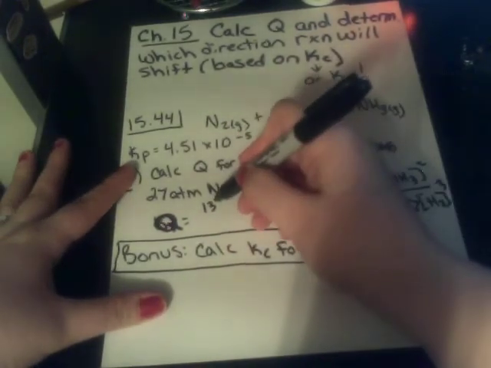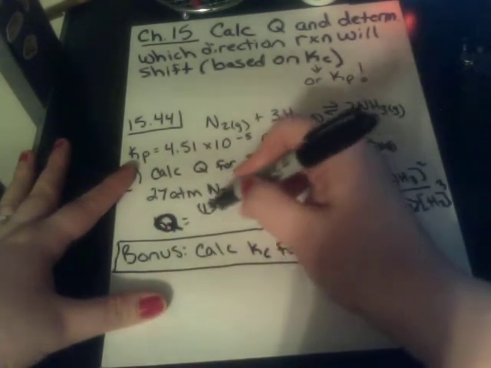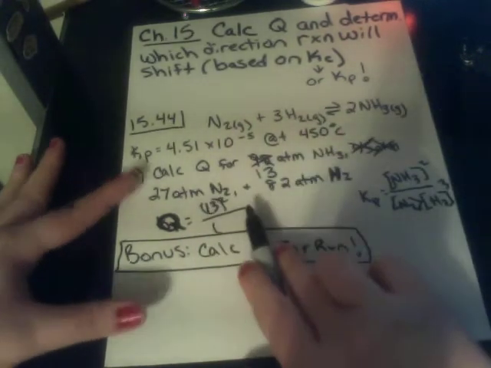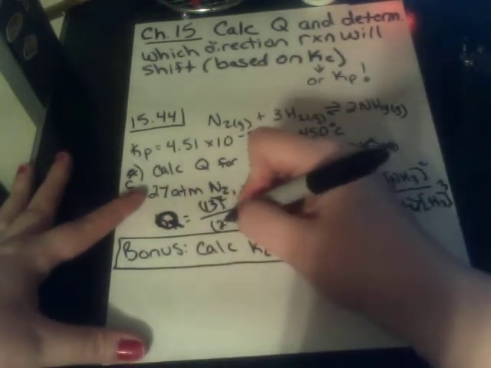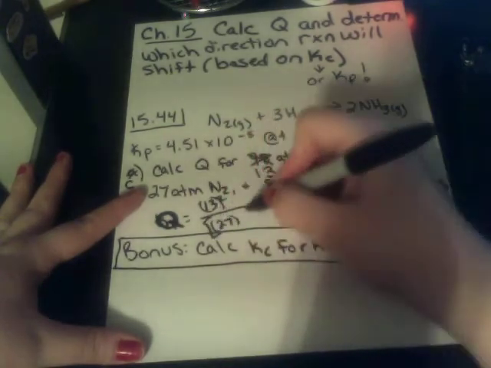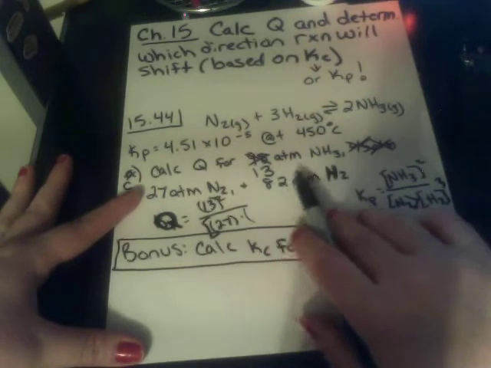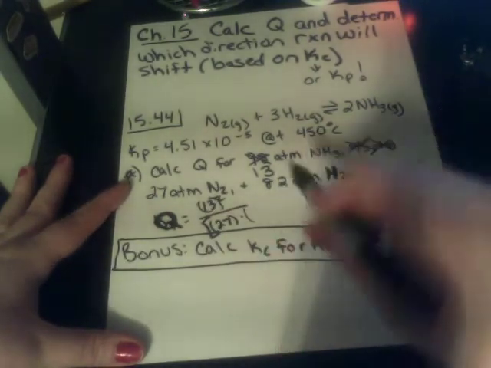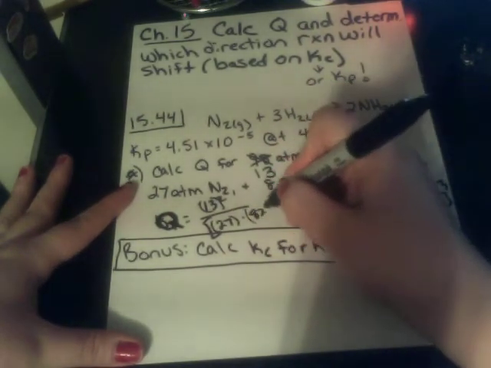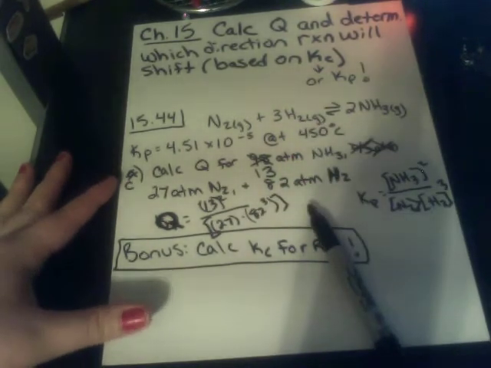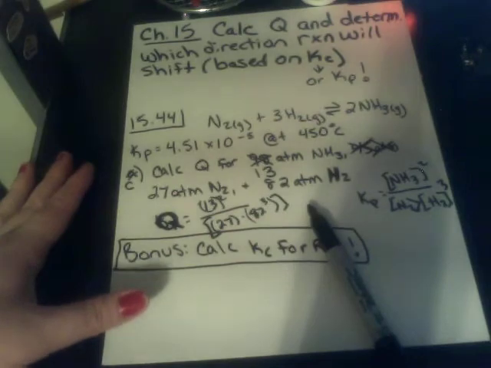So it's going to be 13 squared divided by 27 times our H2 value, which is 82 cubed.